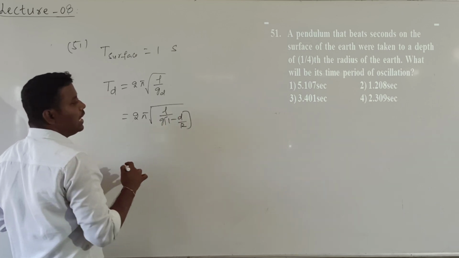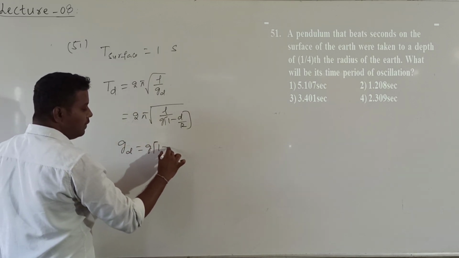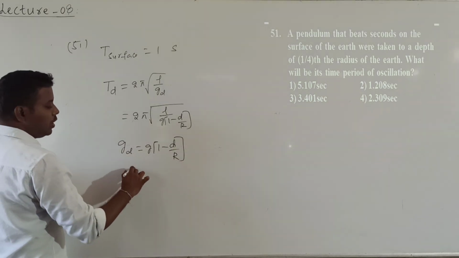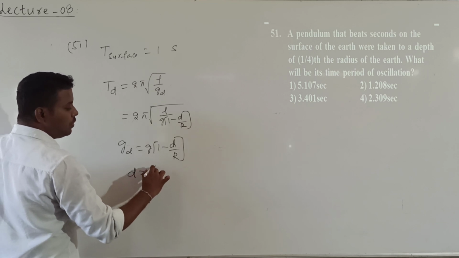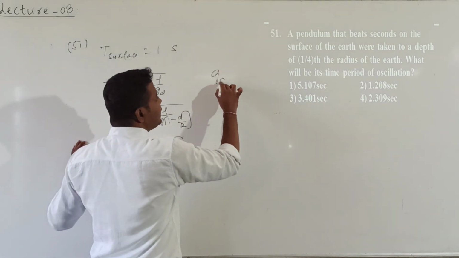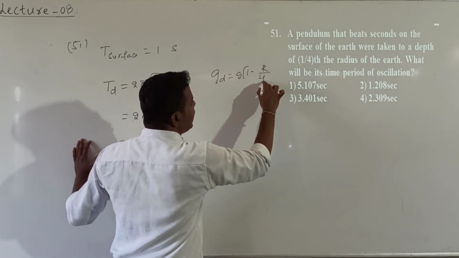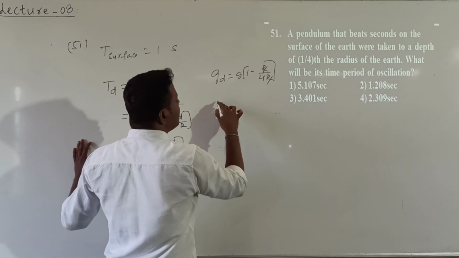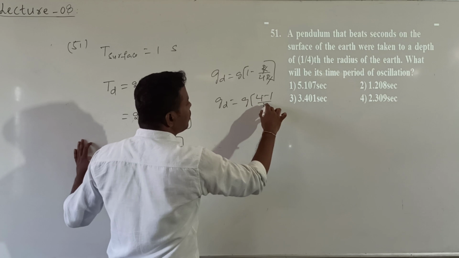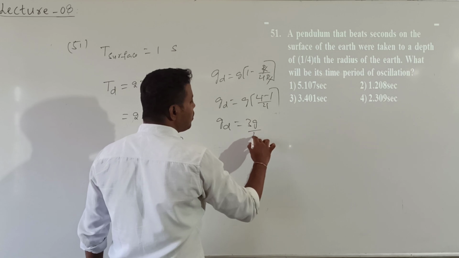That we know, in gravitation we studied the variation of acceleration due to gravity with depth is given by g into 1 minus d by R. Here the given depth d is equal to 1 by 4th of the radius, R by 4. So g_d is g into 1 minus R by 4R. R cancels, so g into 4 minus 1 by 4. So g_d is equal to 3 g by 4.